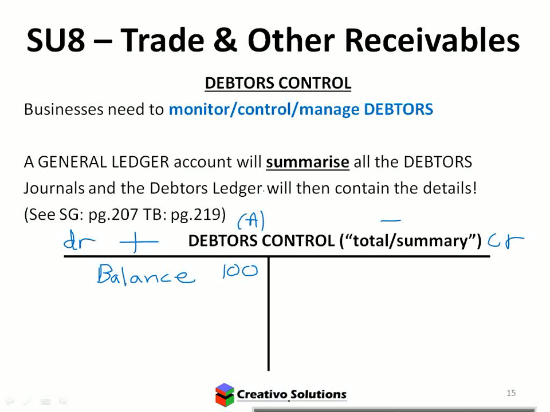What are we looking at? The debtor. What do they have? 100. What can the debtor do with the business? Can they buy more goods from you? Yes. If they do, are you going to increase or decrease the debtor?